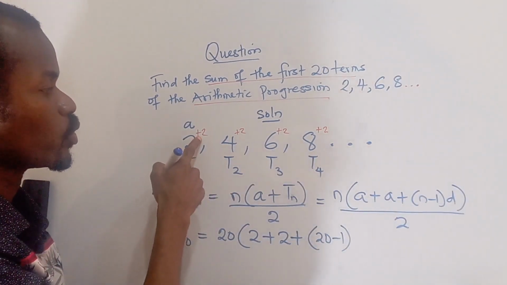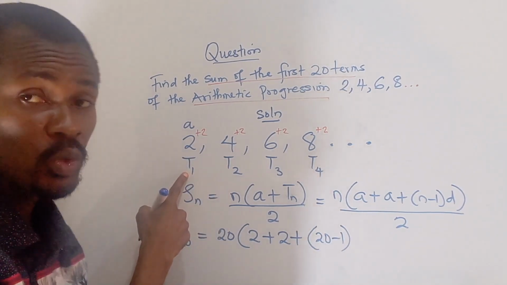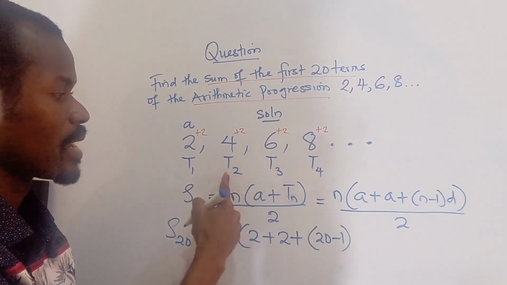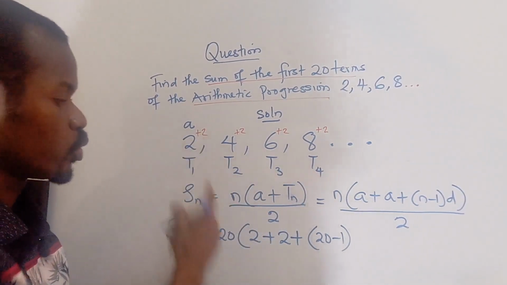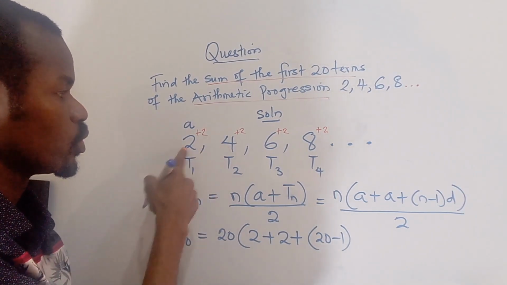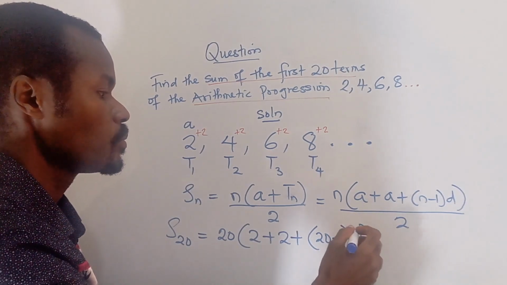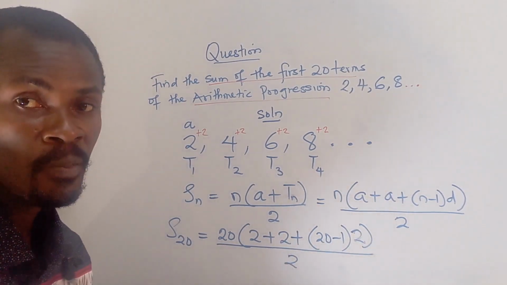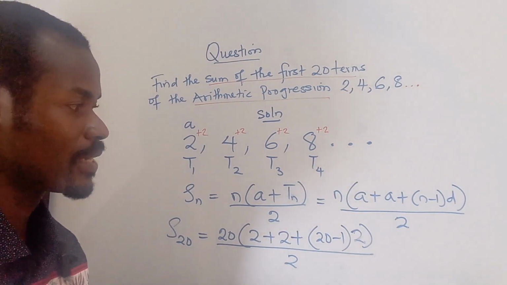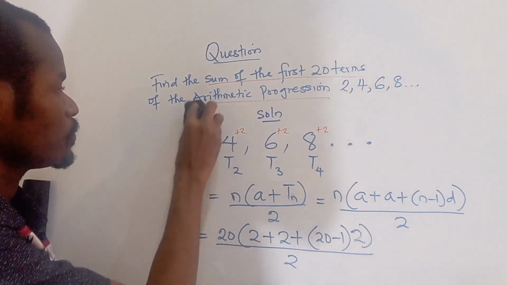The common difference is what we are adding for the terms to increase, or T2 minus T1, or T3 minus T2, or T4 minus T3, which is 2. 4 minus 2 is 2, 6 minus 4 is 2, so we put 2 here. All this is going to be divided by 2.